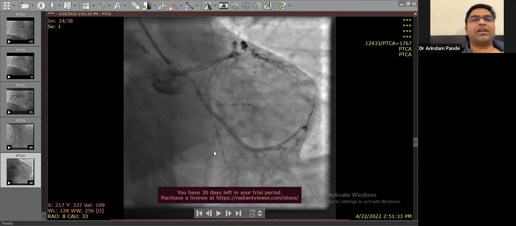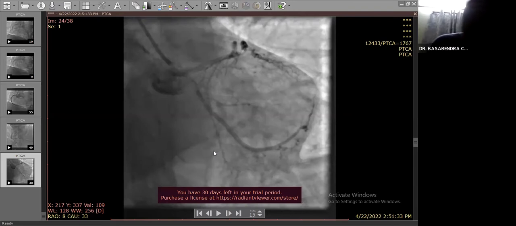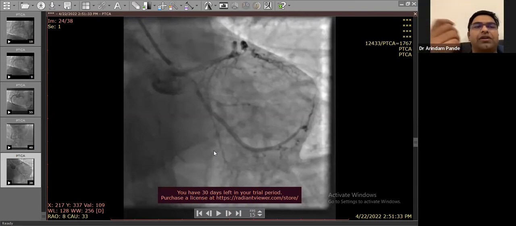Now, what do you think? Your comments? How did the tip of the catheter come out? Where did it go? Because you took it out, then you saw the exact position. Where did the tip of the catheter actually get dislodged? The tip of the catheter came out, and your wire must have been passed through the distal dislodged tip. Otherwise, you could not retrieve it.